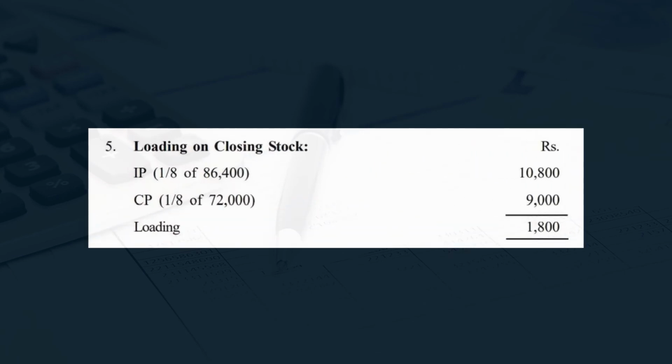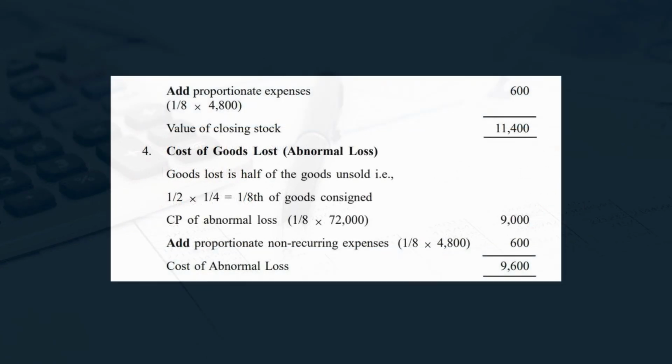Now we will see how this amount of 1,800 we have arrived at. Yes, it's very simple. Loading on closing stock. The invoice price of goods unsold is 10,800. We have already calculated the value of closing stock as per the invoice price, 11,400, and the cost of abnormal loss is 9,600.